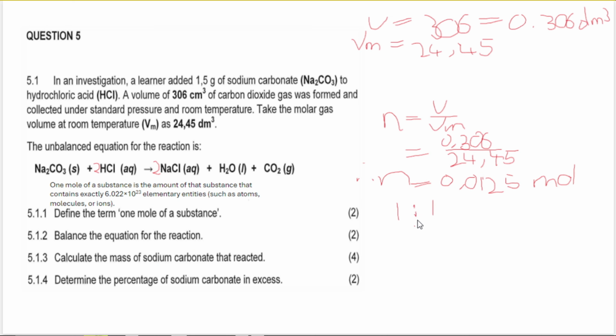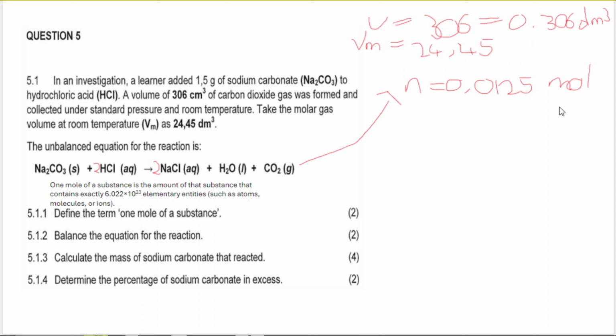So if I have 0,0125 moles here for carbon dioxide, then sodium carbonate would also have 0,0125. I'm not rewriting here. So yeah, we now have the number of moles for sodium carbonate.